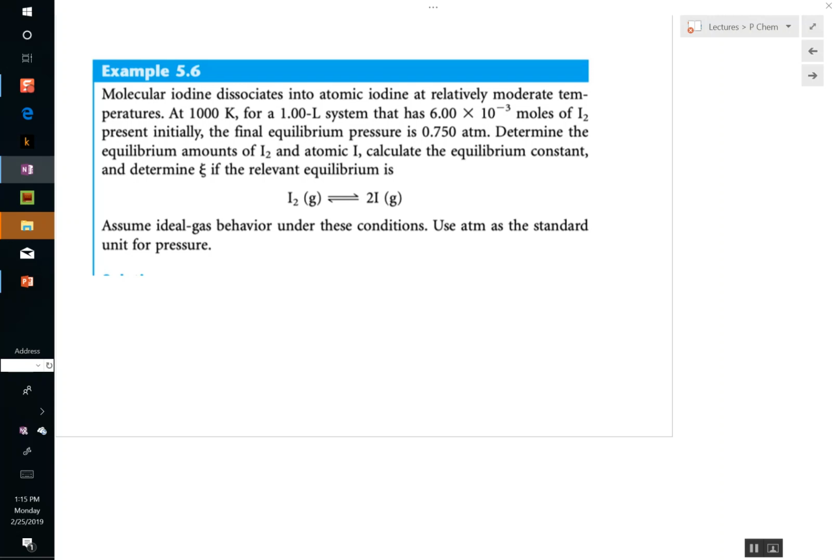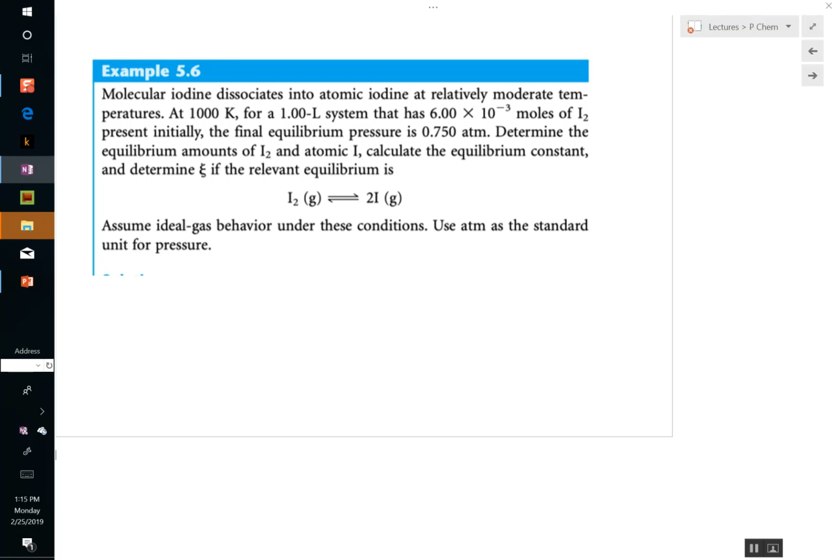1,000 degrees Kelvin for a 1 liter system has 6.0 times 10 to the minus 3 moles of iodine present initially. The final equilibrium pressure, total pressure, is 0.750 atmospheres.